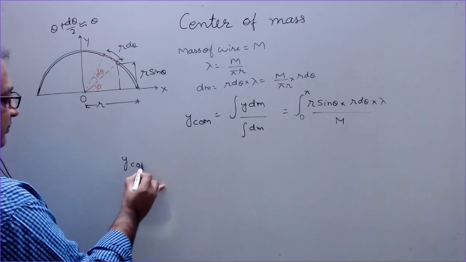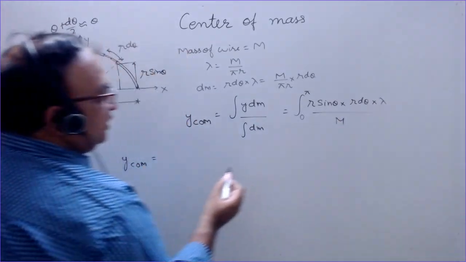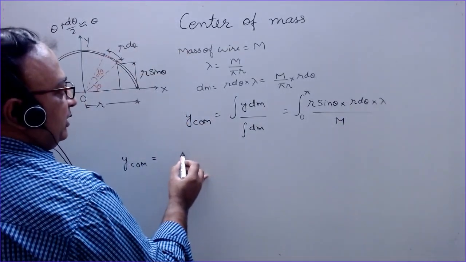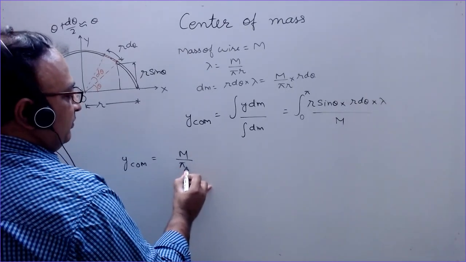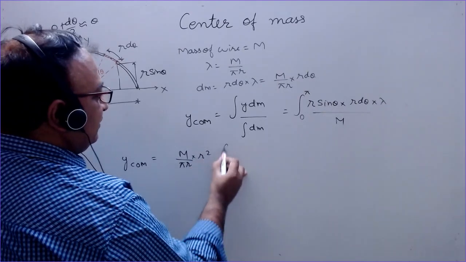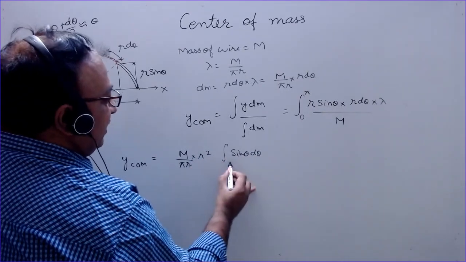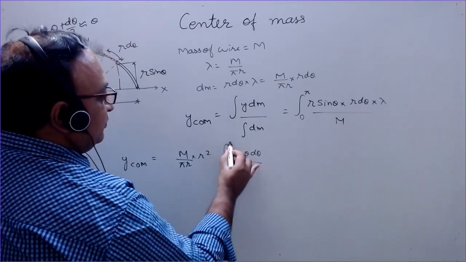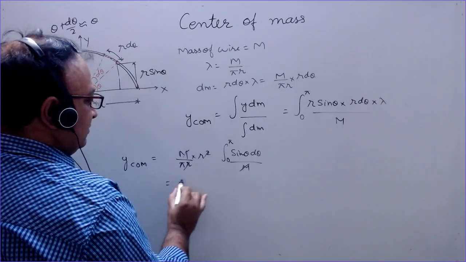So YCOM here is, this r can be taken outside, lambda can be taken outside, putting the value of lambda: m by pi r into r square sin theta d theta divided by m, with theta from 0 to pi. m is cancelled, r is cancelled.